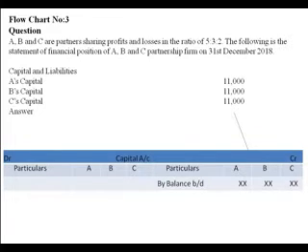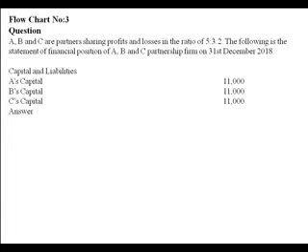Now we will see the next slide. In this slide, we are going to discuss capital and liabilities. Here, first of all, I am presenting capital. This is the partners opening capital. We have to prepare statement of partners capital. At the beginning of the year, their opening capital is 11,000 each.